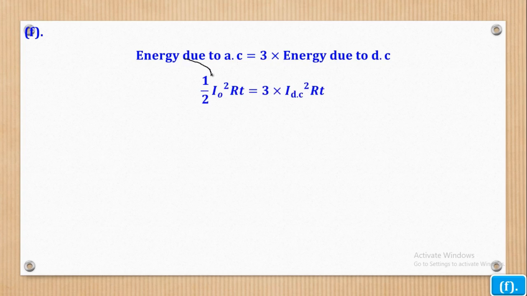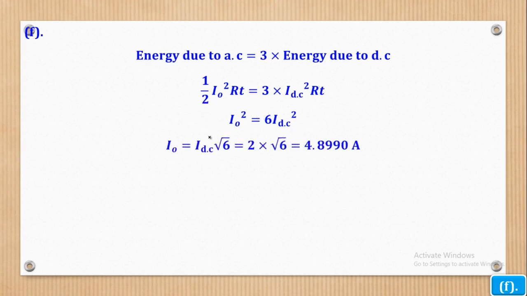Energy due to AC is given by that. Energy due to DC is given by that. So when I simplify, RT can cancel, and this half can go this side to become 6. When I square both sides, I come up with I naught being equal to I DC multiplied by root 6. So we are given this current is 2, so it will be 2 times root 6 to give you 4.8990 ampere. And basically that's how marks would be awarded.